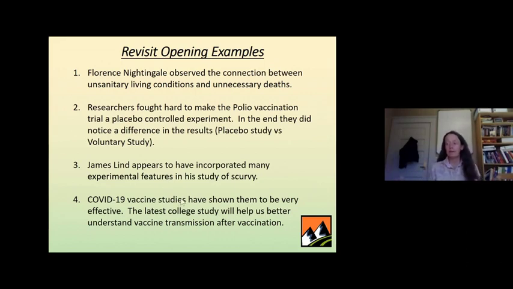So this is another very carefully designed study to try and follow the transmission, or lack thereof, of COVID-19, and they had to think really thoroughly about how to design that.